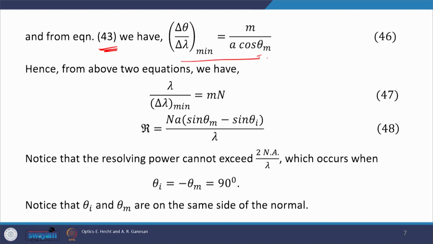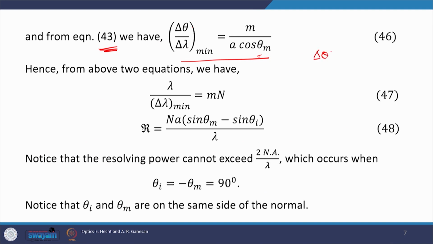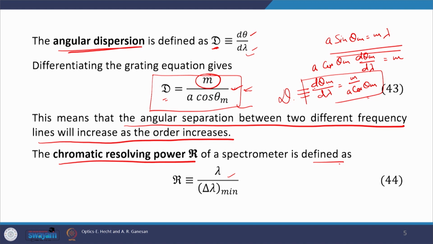We have this expression and we have the expression for delta theta min, which is nothing but lambda upon N a cos theta m. If you divide these two expressions, then you get lambda upon delta lambda min, which is the chromatic resolving power, lambda upon delta lambda min.